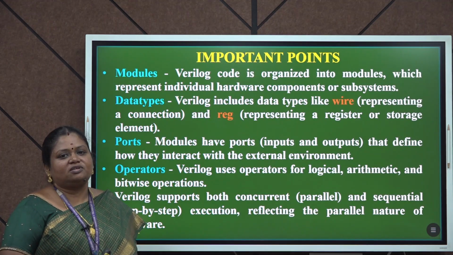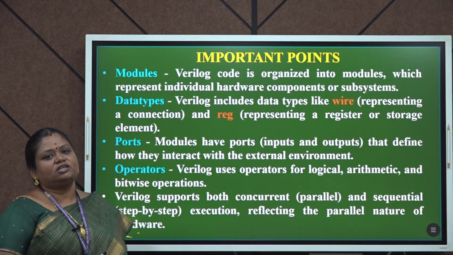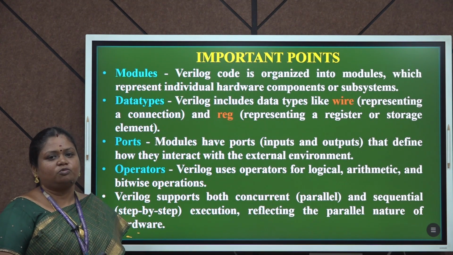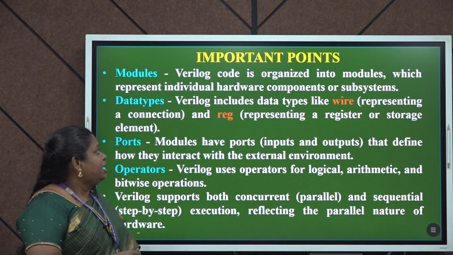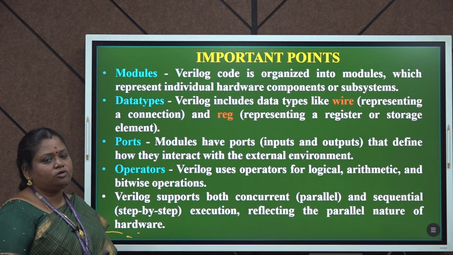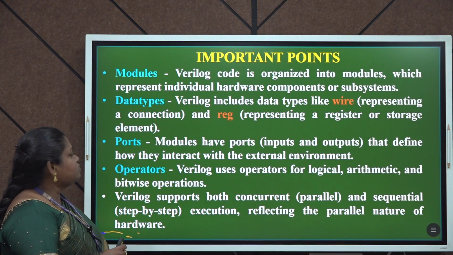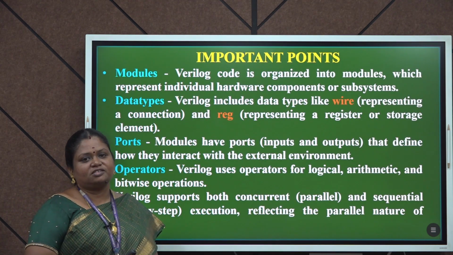The important points when you are writing code using Verilog. The basic one is that it consists of modules, where each module represents a particular digital circuit solution, and each module contains the module keyword as well as endmodule to close the module. The next one is that different types of data types are present, basically registers and wires.